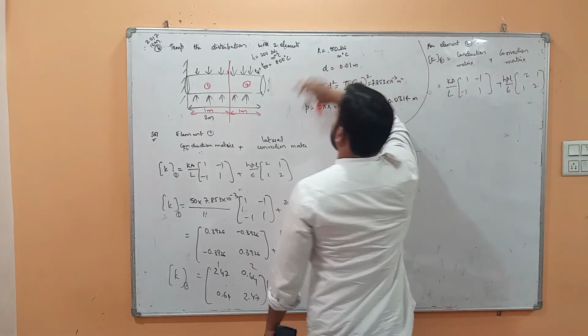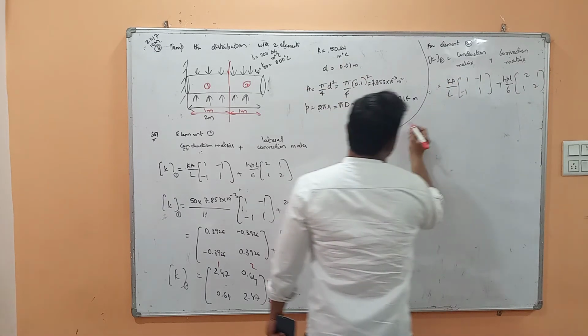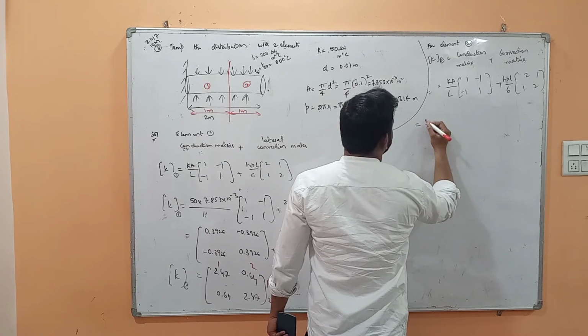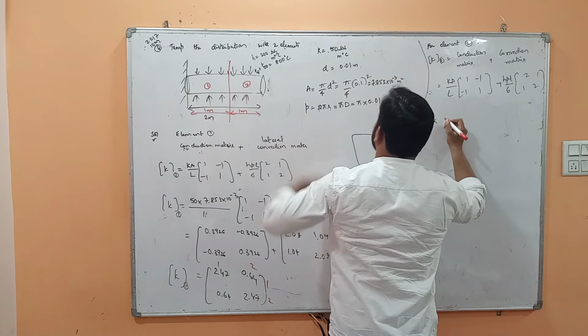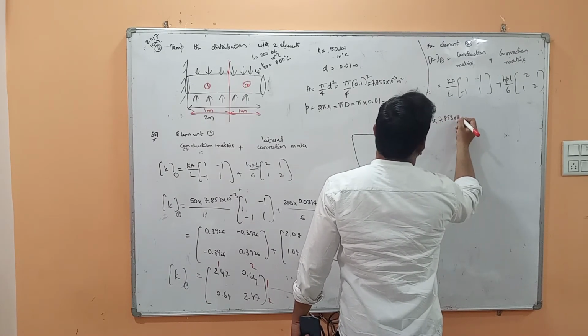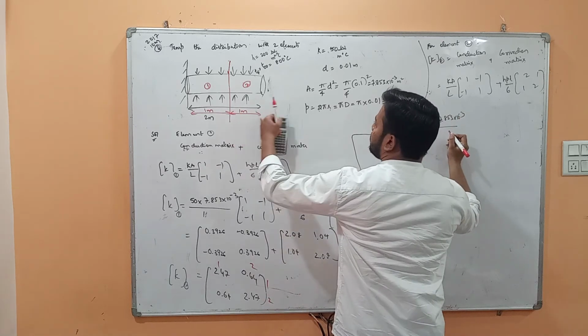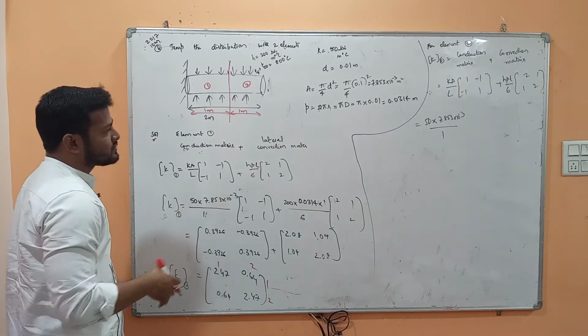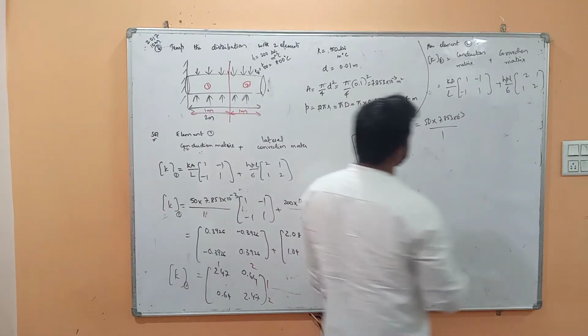So K is same for both the elements because both are made up of same material. So K is 50. Cross section area will also be same, that is 7.853 into 10 power minus 3, by length of element 2 is again 1. Okay, so all these values are same for element 2 also.